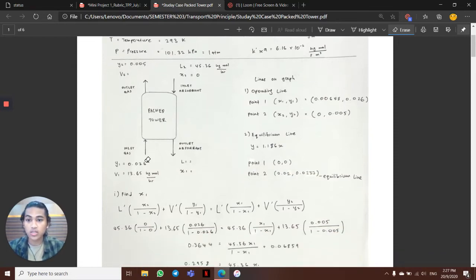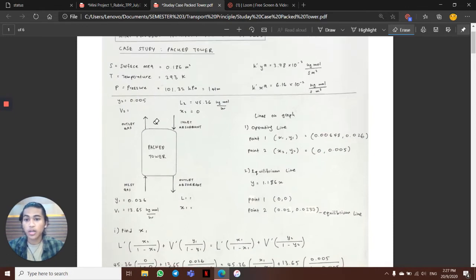As you can see, this is the flow for the inlet gas. The information given here is Y1 equals 0.026 and V1 is 13.65 kilogram mole per hour. And the outlet gas, we have Y2 equals 0.005 and V2 we have to find the value.